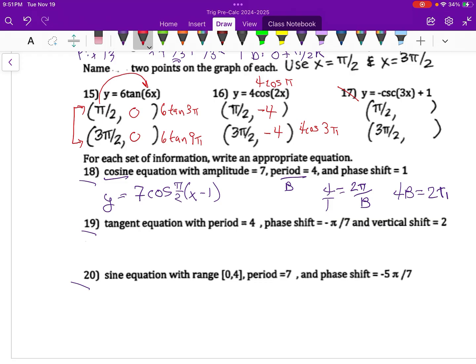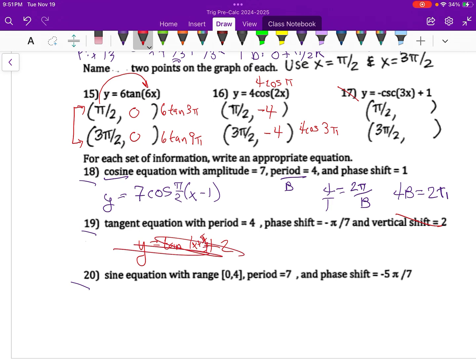Let's see what we get for this one. Tangent graph of no amplitude. Vertical shift down here on the end is 2, so kind of cross that one out. It did that one. The phase shift is going to go on the inside here, and that inside piece is a phase shift of negative pi over 7, so this should be x plus pi over 7.